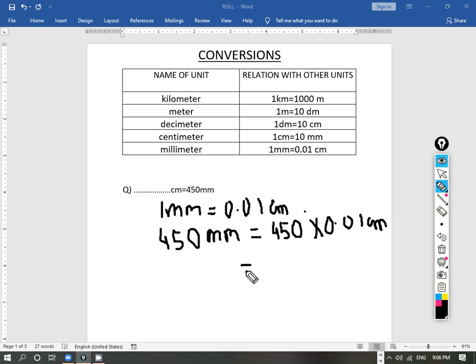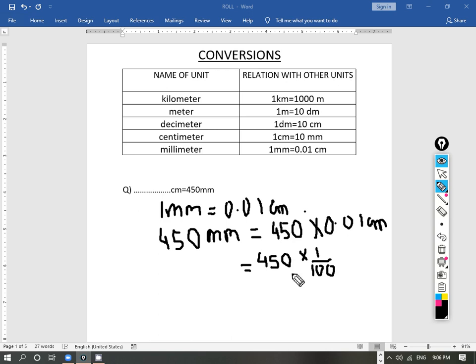This 0.01 is actually equal to 1 by 100.